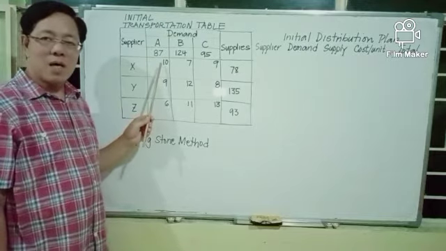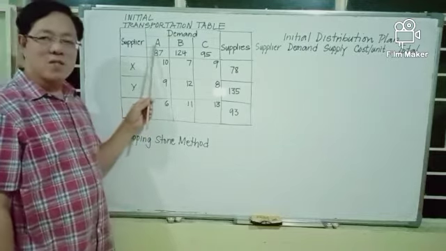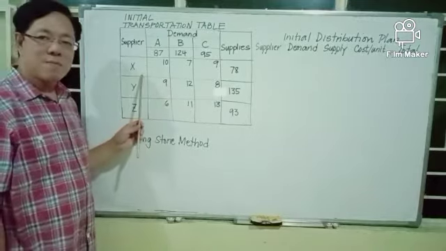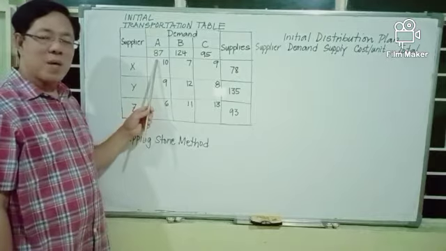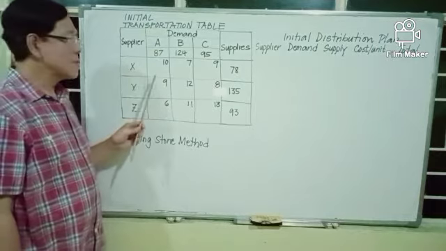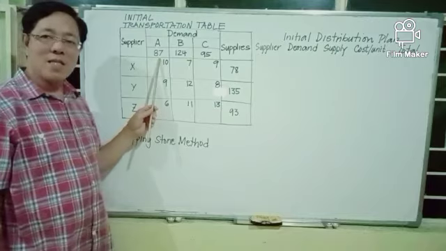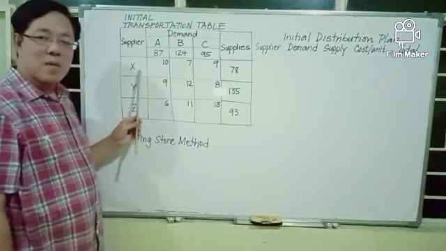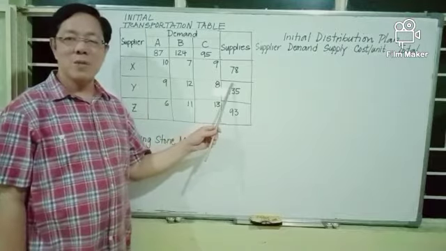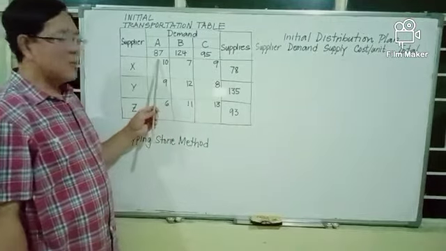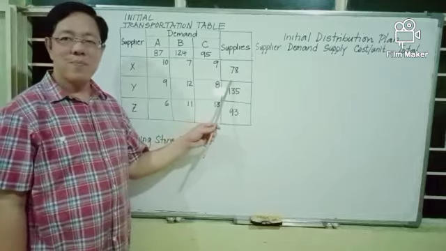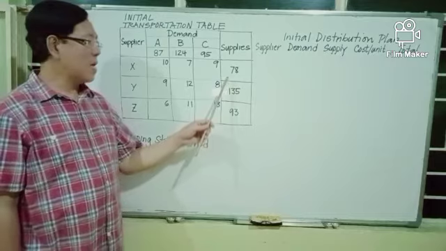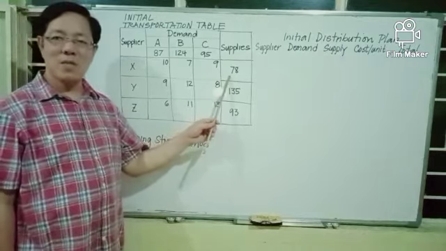Customer A requires 87 units. Now, the supply to be delivered to customer A will always come from the first supplier. The demand of A is 87 units, and the supply of supplier X is 78 units. That is, the demand of A is more than what supplier X can give, because supplier X has only 78 units.